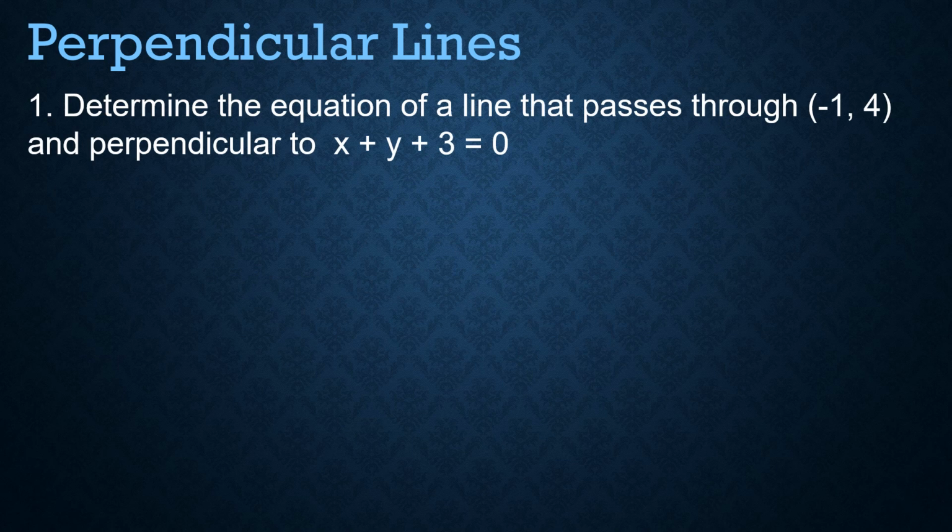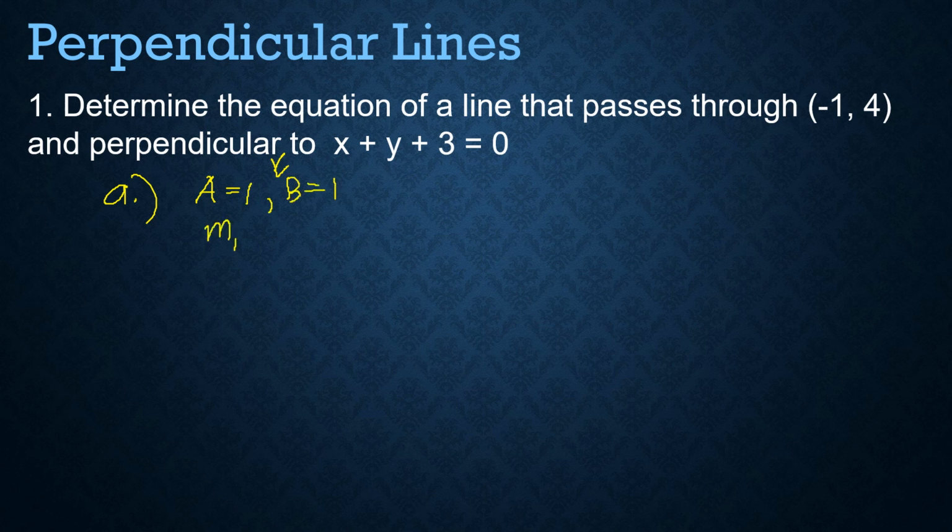Now let us determine the equation of a line that passes through negative 1, 4 and is perpendicular to x plus y plus 3 is equal to 0. So the first thing we need to do here is to get the slope of x plus y plus 3 is equal to 0. A is 1, b is 1.